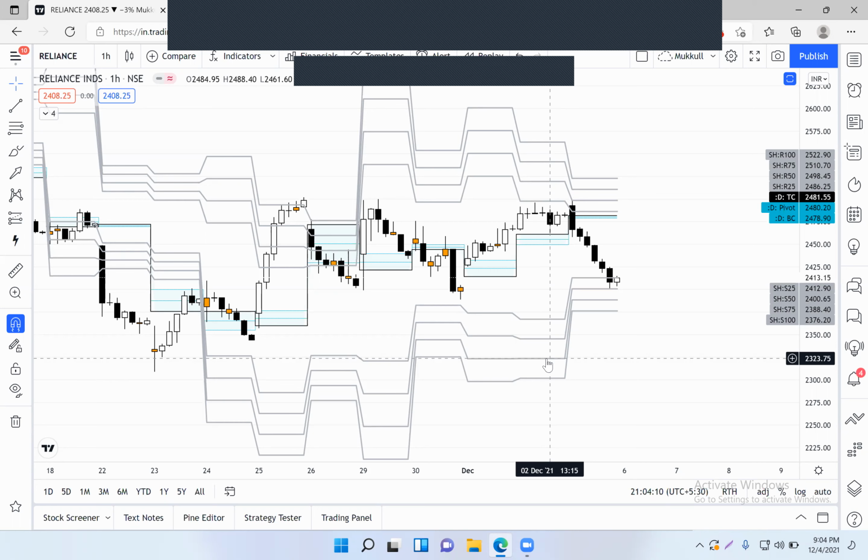At least if you count in multiples of stop loss, then you can even go till 2, 3, 4, 5, 6, 7x, right? So I'm talking about in multiples of stop loss.